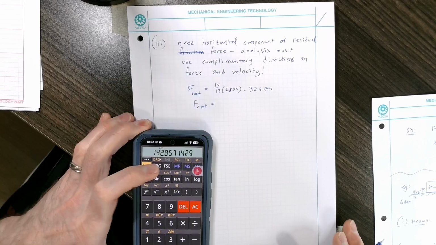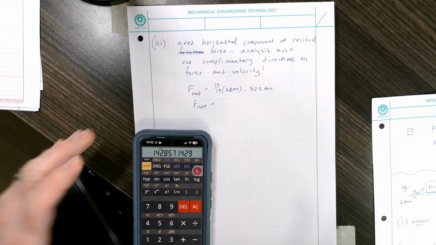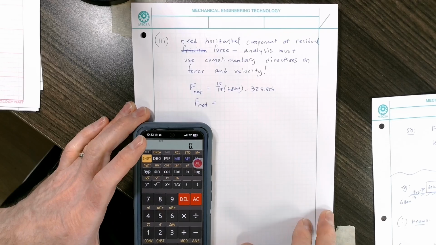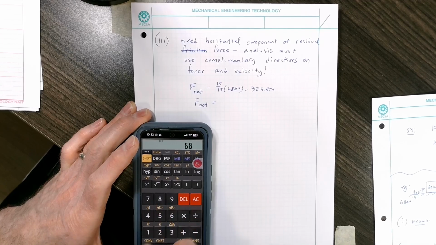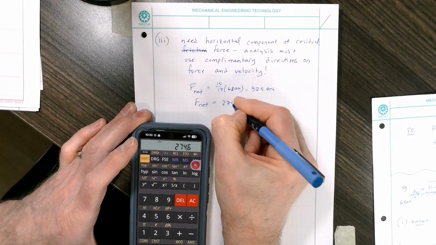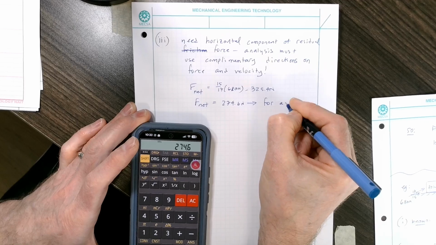The impulse momentum equation doesn't address acceleration directly, but it's one step away from Newton's second law. Anyways, 15/17 times 680 minus 325.4, 274.6 newtons to the right for acceleration.